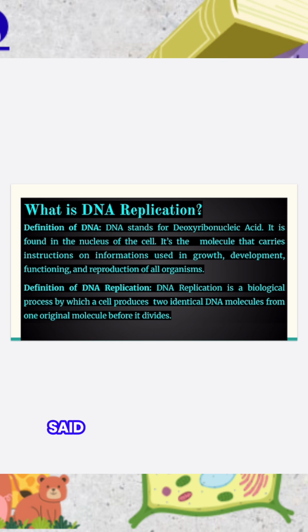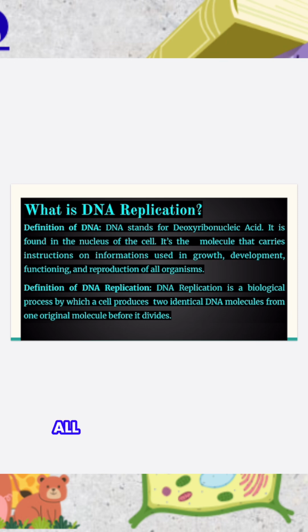Like I said earlier, DNA replication is a process by which your cell makes an extra copy of its DNA before it divides. Remember, DNA is found in the nucleus of the cell, so the cell is responsible for making an exact copy of DNA before cell division occurs. Every time a cell divides, whether it's to grow new tissue, heal a wound, or make reproductive cells, it needs to pass on the exact same genetic information to the new cells.